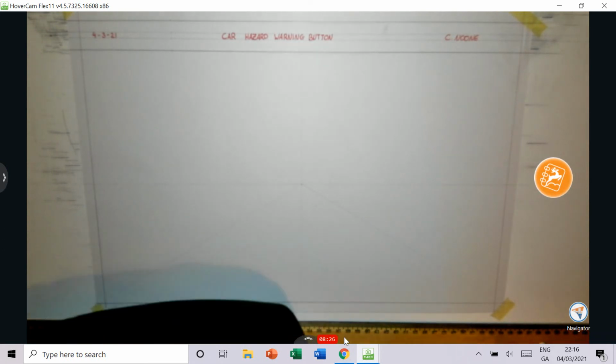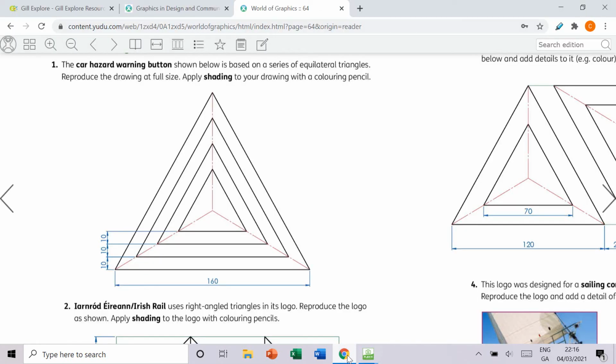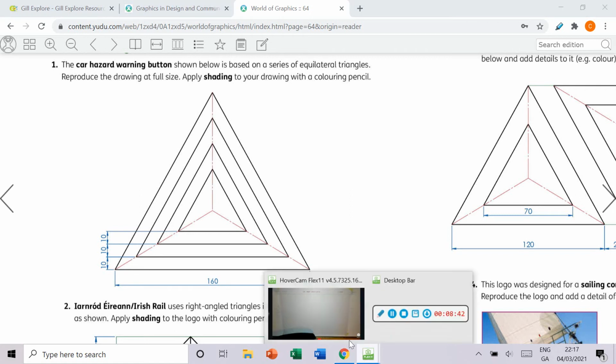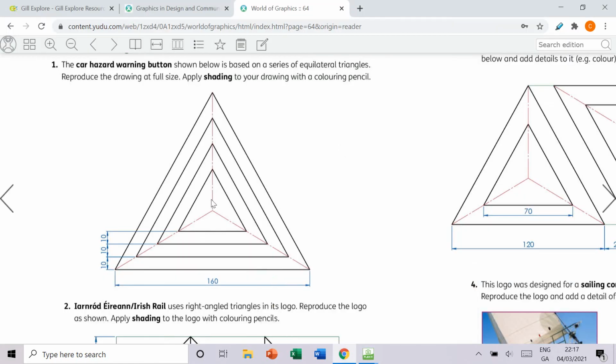Okay, now I want to draw in one of the edges of the triangle to get started. So which one could I draw in there? Well, I know that this line is 160 mil long. So if that was 160 mil long, it means that from this center line, it's going to be 80 mil to the left and 80 mil to the right.